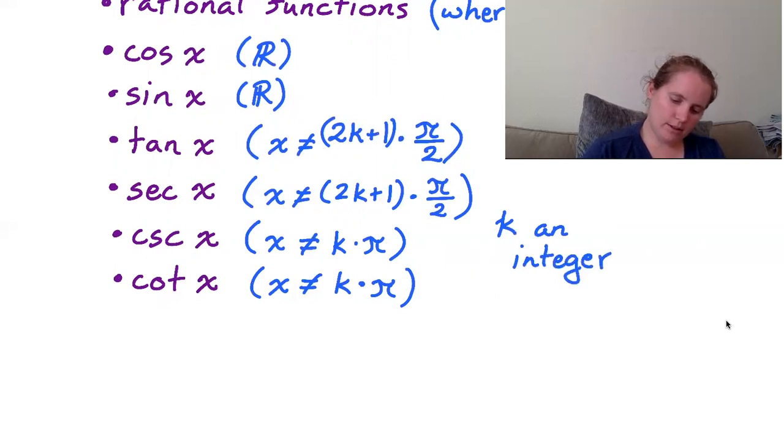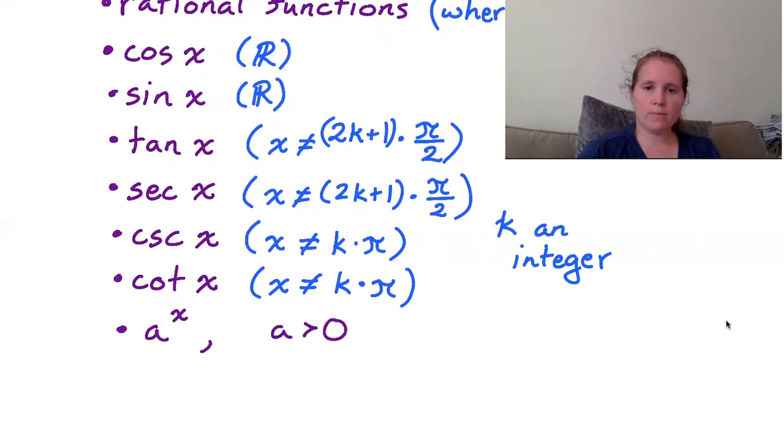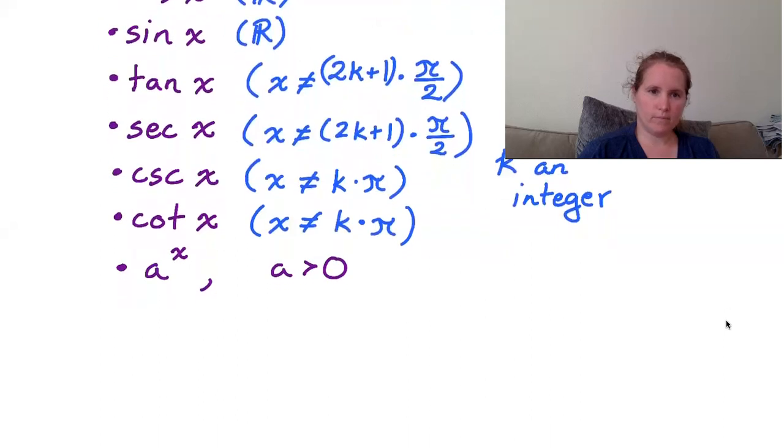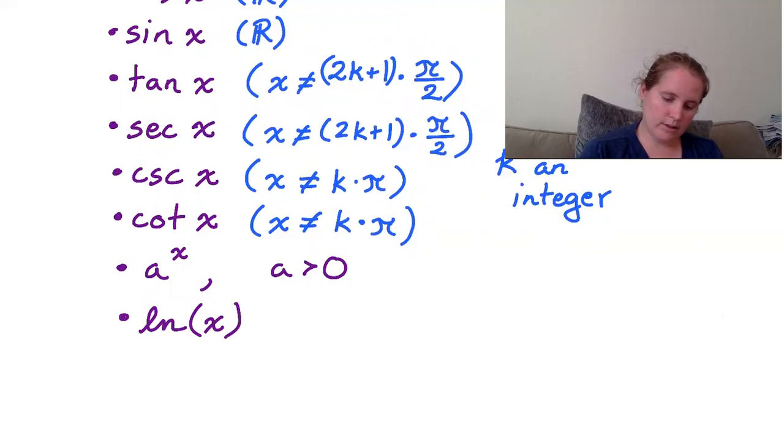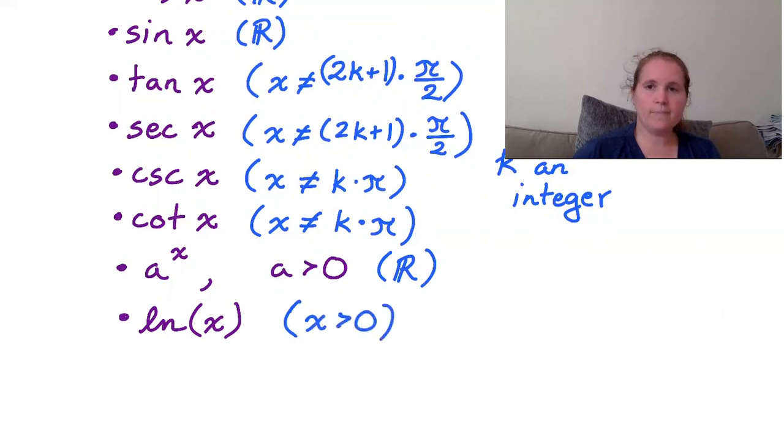And then beyond this, the function a to the x, where a is greater than 0. Natural log of x. And both of those on their domain. So a to the x is for the whole real number line, as long as we're looking at positive a. Natural log of x, we're stuck with x greater than 0.